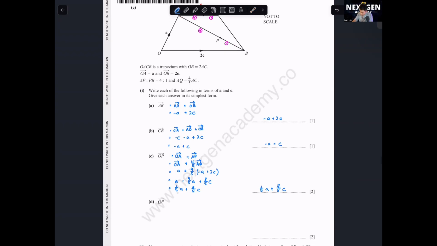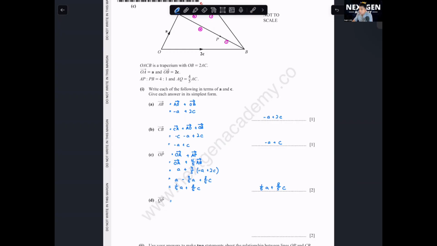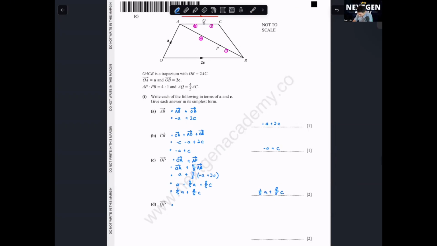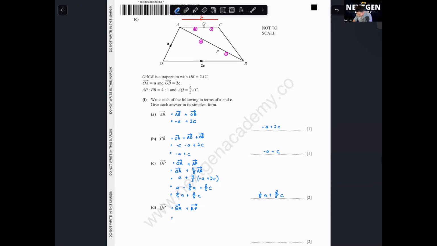So let's write down the ratio first. QP will be QA plus AP. Just now on top, we already found the 4 over 5 AB, so we can use the value on top. So here will be 4 over 5 CA plus 4 over 5 AB. Go and calculate this.